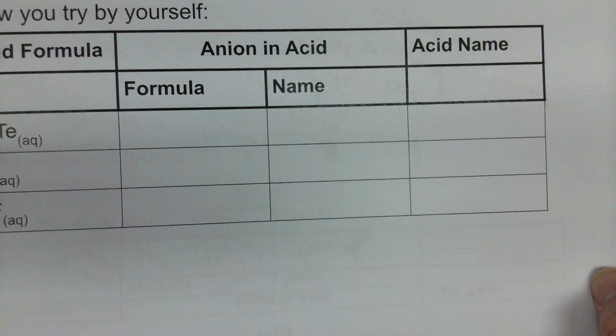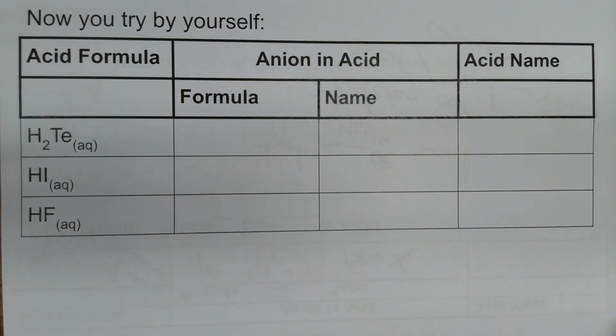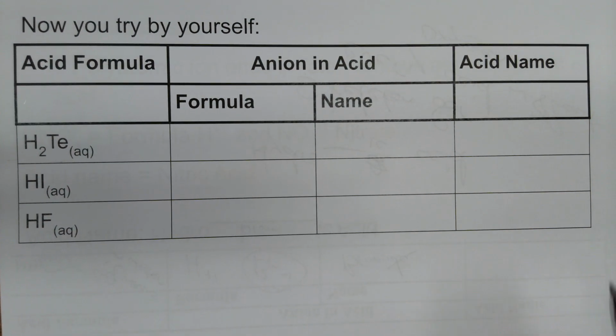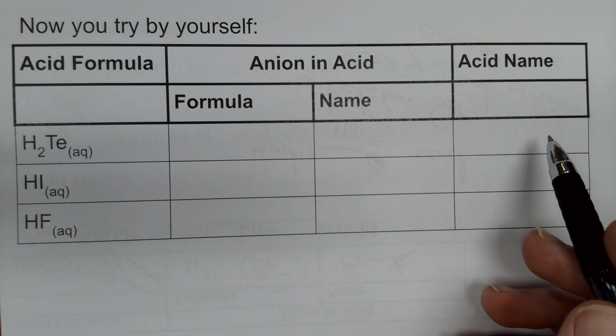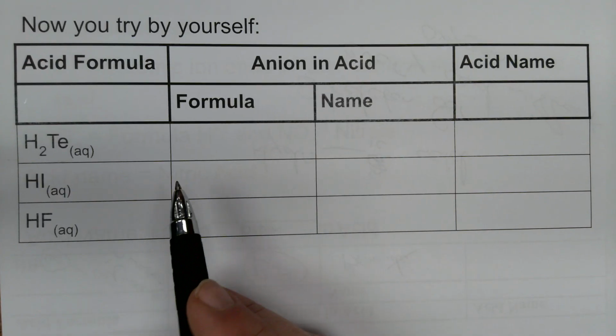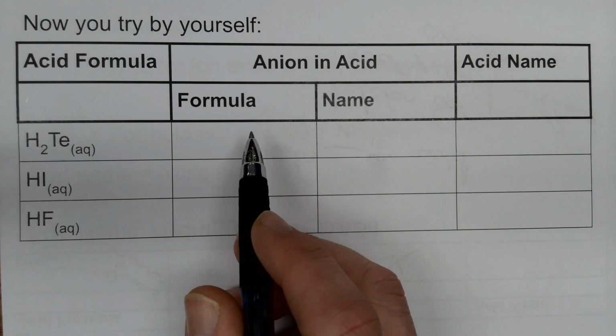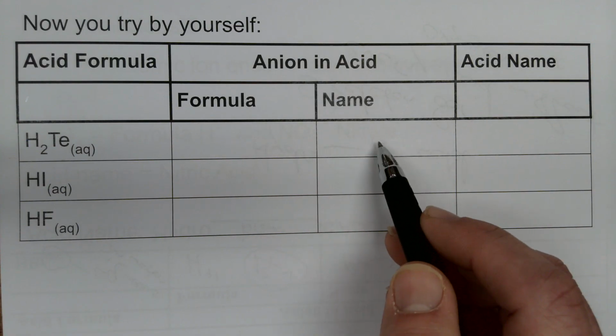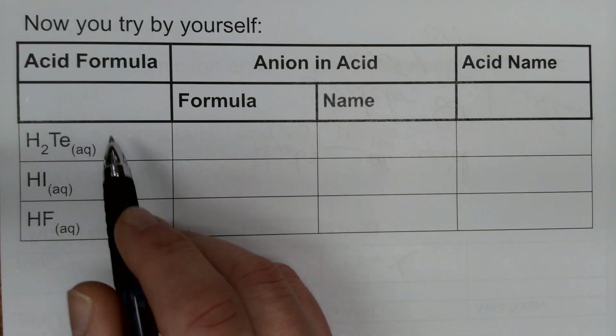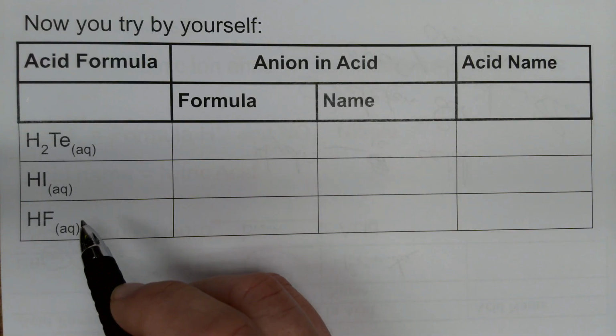Now I have three I'd like for you to try by yourself. I understand there may not be a lot of room here on the side for you to write your acid name, but like before, I want you to break up the formula into the two different charges. The name is whatever the negative ion is.